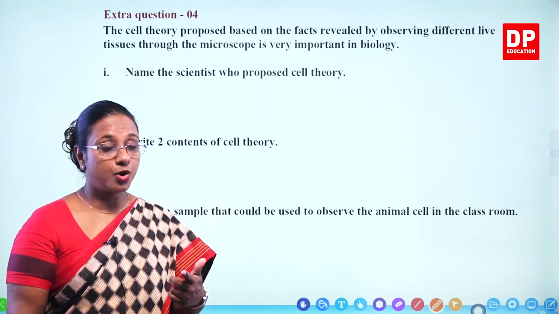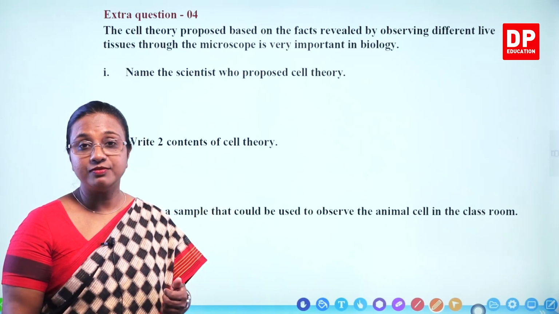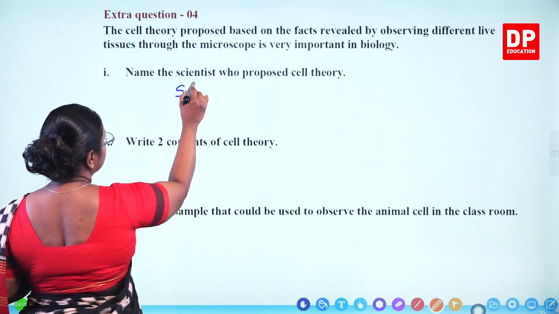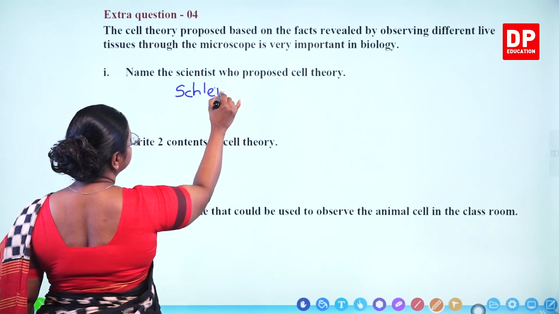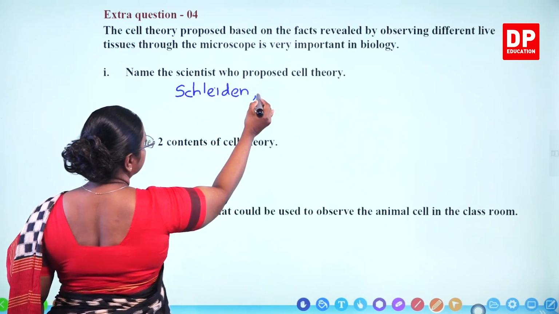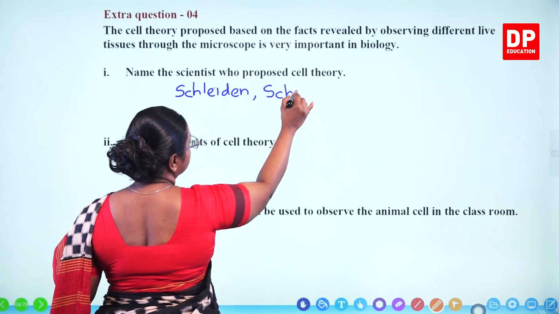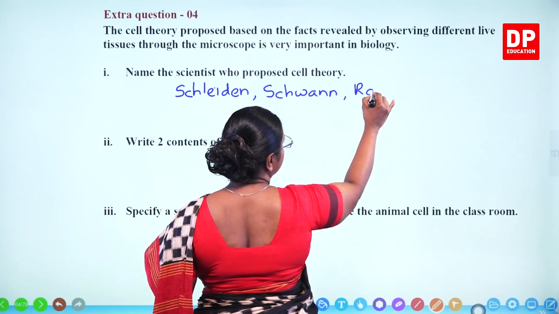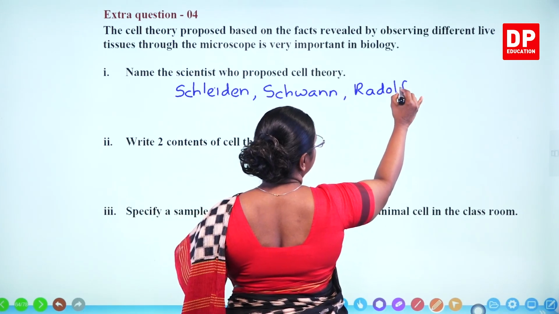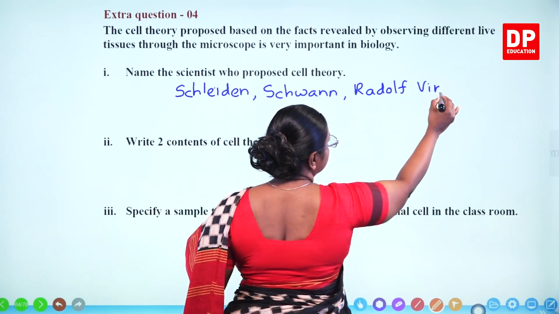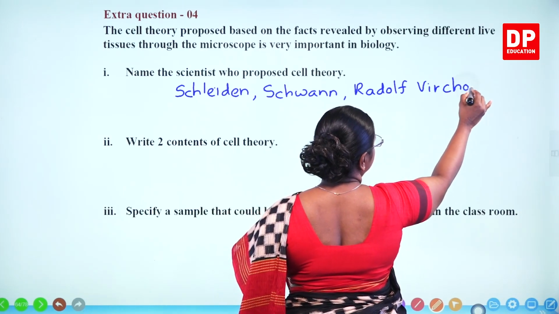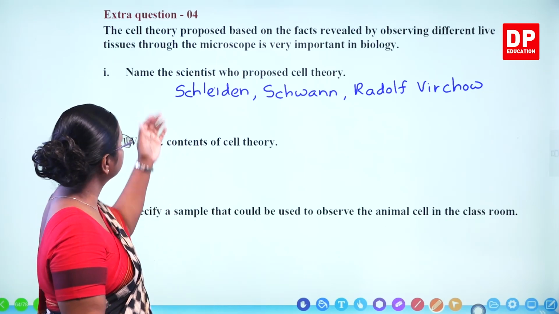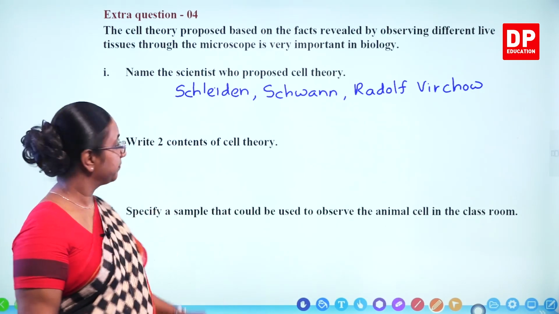Schleiden, Schwann and Rudolf Virchow. So I'll write their names. Schleiden, Schwann and Rudolf Virchow. So these are the 3 scientists who proposed the cell theory.